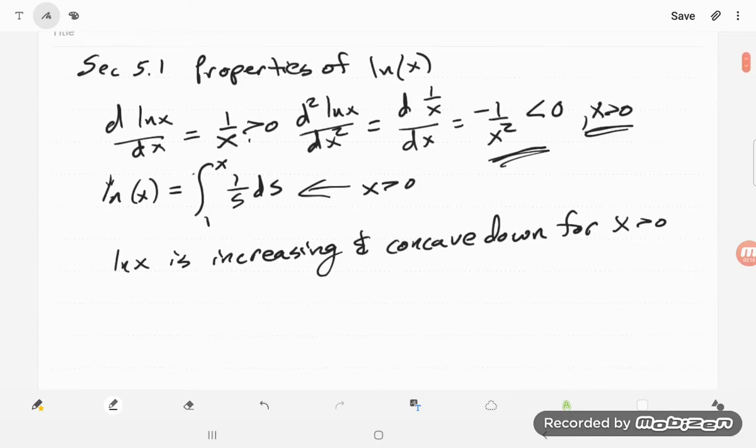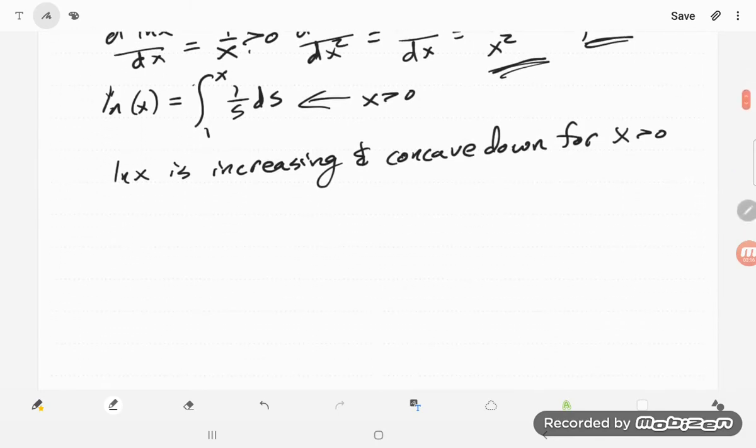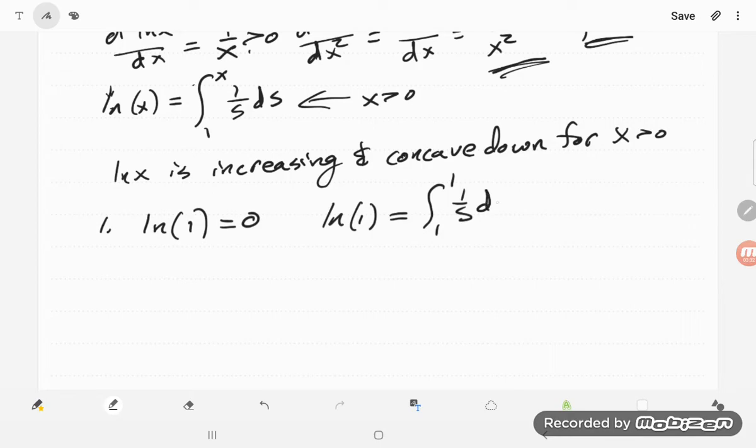Now we have all these algebraic properties that they mention. One, the natural log of 1 is 0. That's easy enough to prove, because the natural log of 1, from our definition, is the integral from 1 to 1 of 1 over s ds, and that's 0, because those limits are the same.